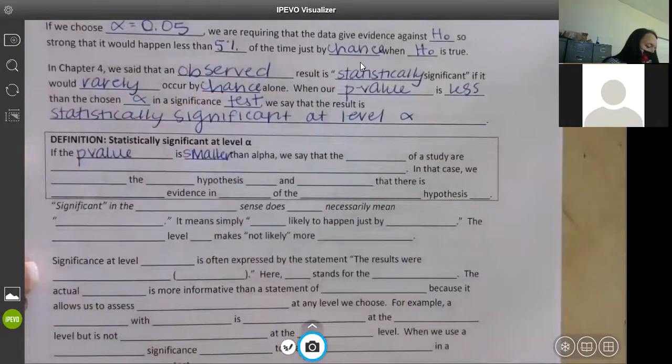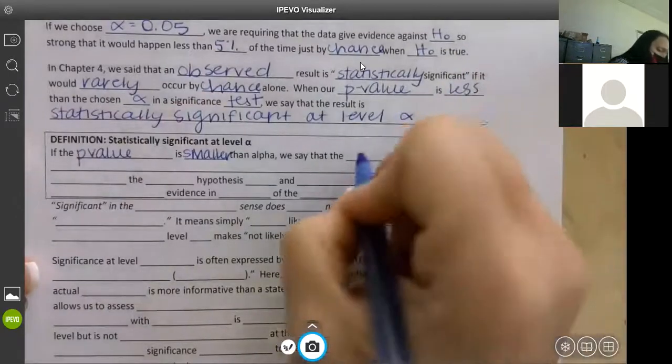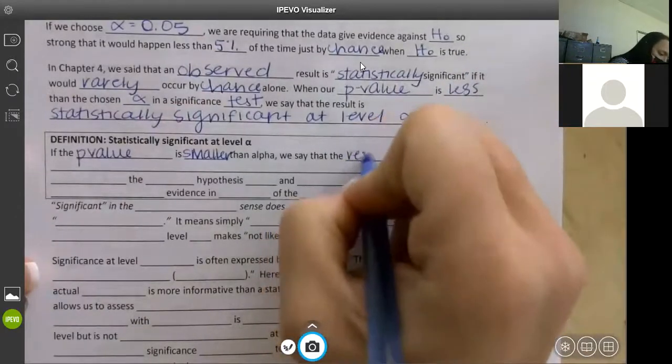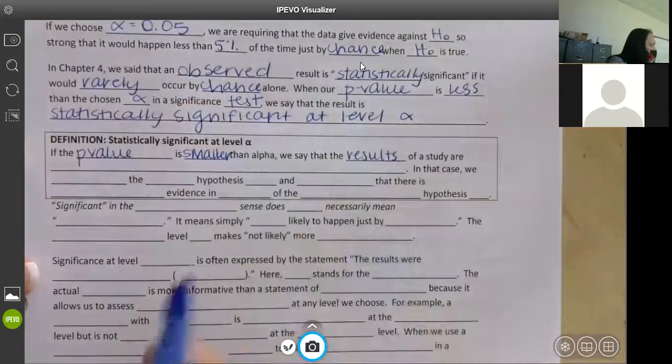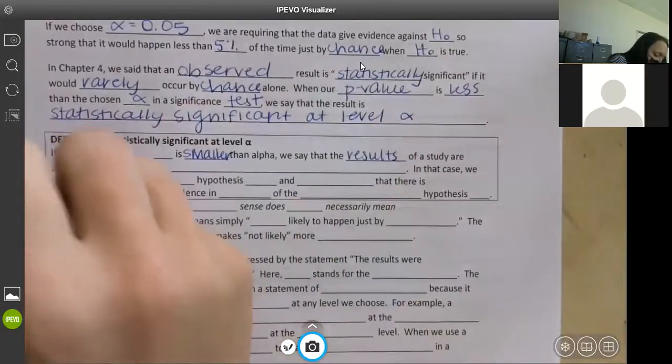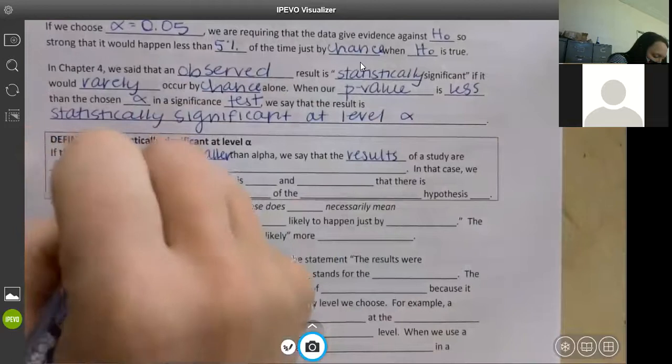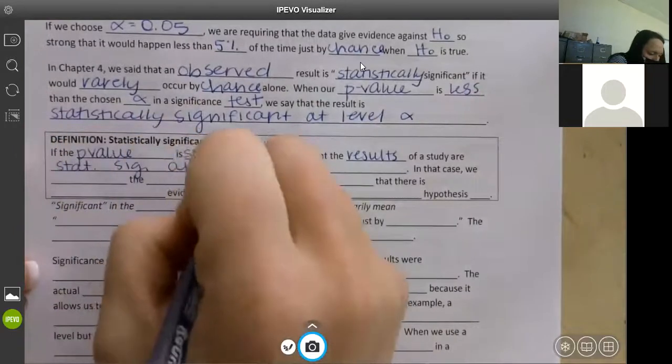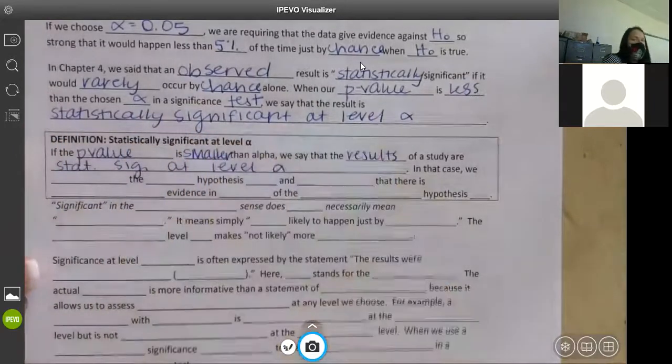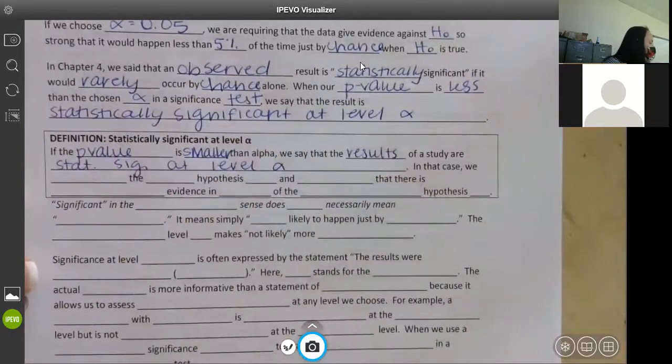If the p-value is smaller than alpha, we say that the results of the study are statistically significant at level alpha. I just don't want to write it all, and I don't want you to have to write it all.